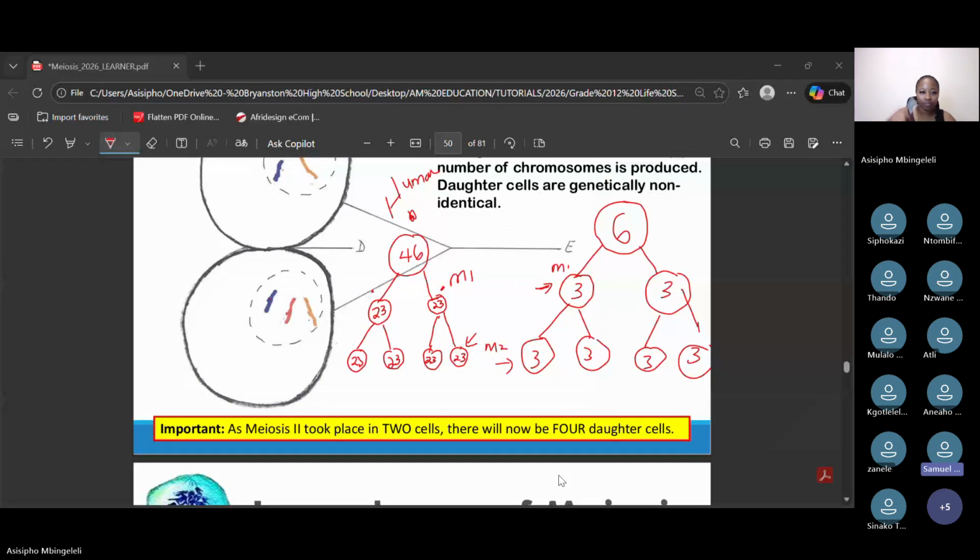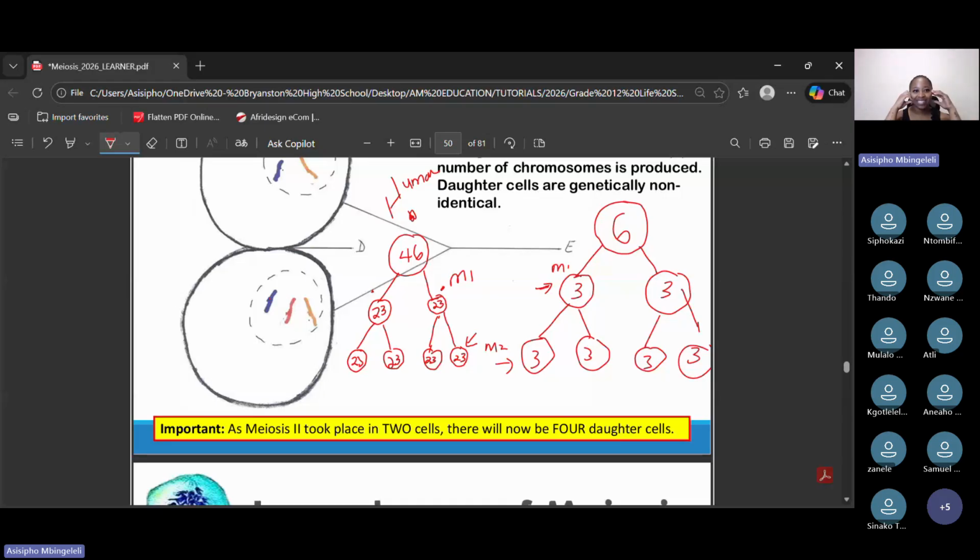Yes, ma'am. Is there a possibility of being asked to differentiate between a single phase? Say, for instance, asked to differentiate between anaphase 1 and anaphase 2. There is a 99.99% chance of that. They can specify any phase. I should have a table somewhere on my notes where they can ask you to differentiate between prophase 1 and prophase 2, or metaphase 1, metaphase 2, or anaphase 1, anaphase 2, telophase 1, telophase 2.